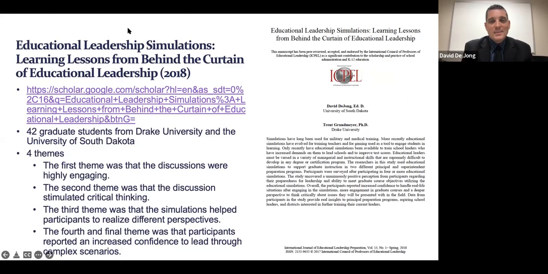The first theme that people talked about is that the simulations were highly engaging. Now, I don't want to gloss over that, because if you've experienced a simulation on your own, or if you have facilitated one, what you've probably realized is it captures the attention of the participants, and it doesn't take much to get them to feel like they are a part of the simulation.